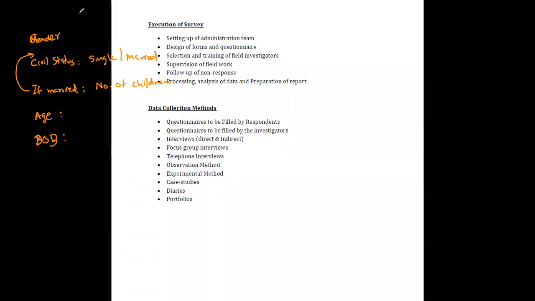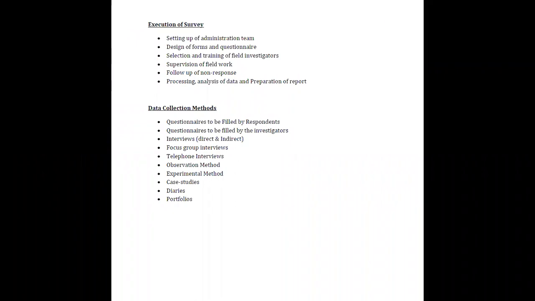Sometimes one question is taken in 2020 and another in 2021 or 2022, so even though it is the same person, if this person is aged 38 at one time, at another time that person may be aged 40. Therefore, it may not be a proper way of designing questionnaires, and we have to avoid this type of question. When you execute a survey, you have to design your forms and questionnaires properly.